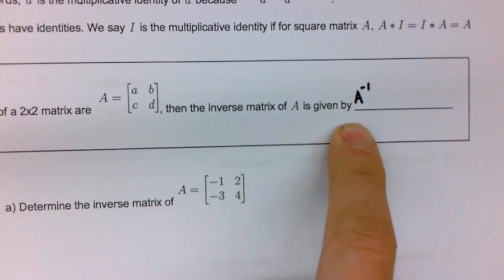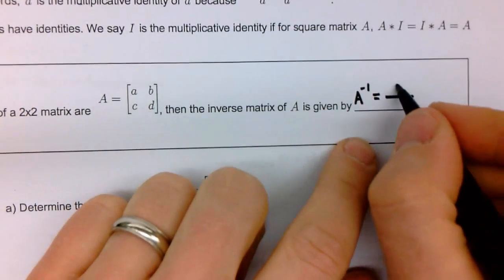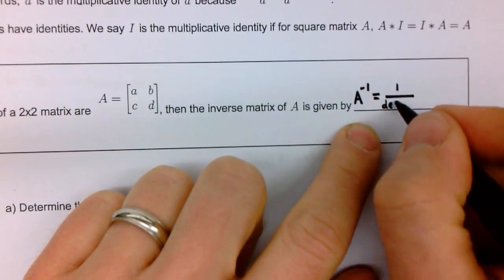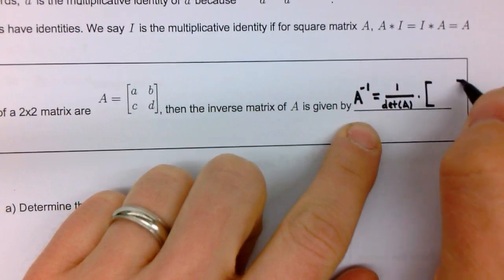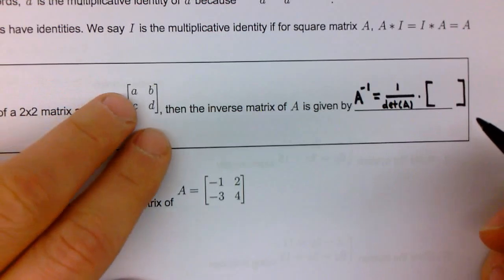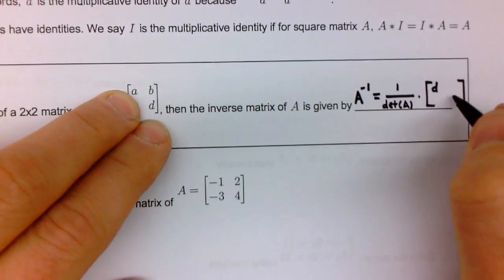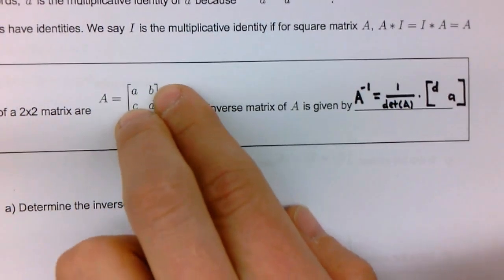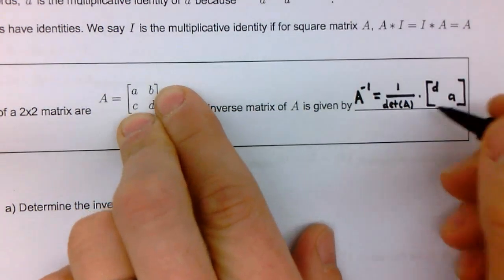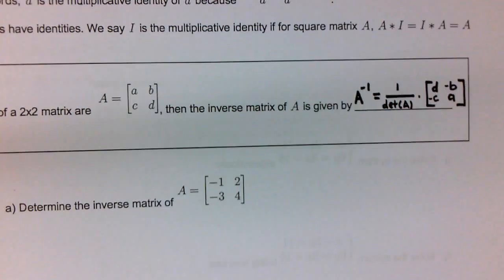First things first, anytime you're talking about inverse, A negative 1 is equal to the fraction 1 over the determinant of A. Down diagonal, switch. The D goes where the A was, the A goes where the D was. Up diagonal, negate. The C becomes negative. The B becomes negative. No switching happens there.